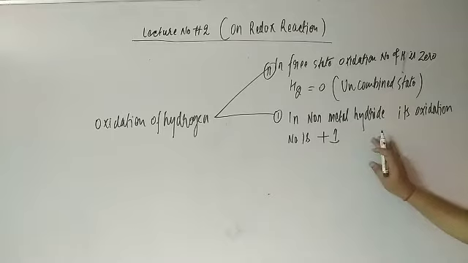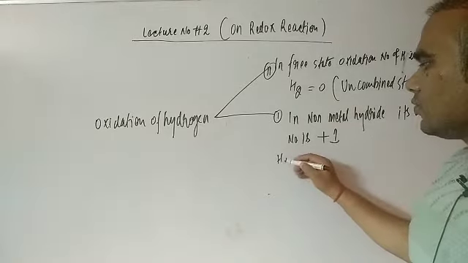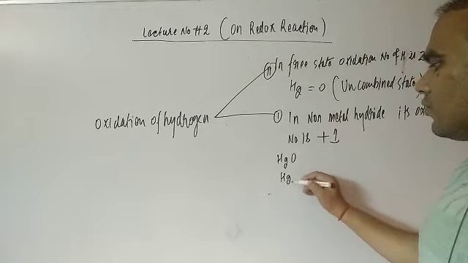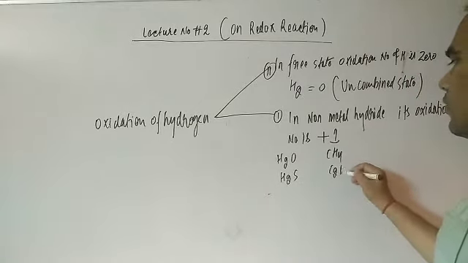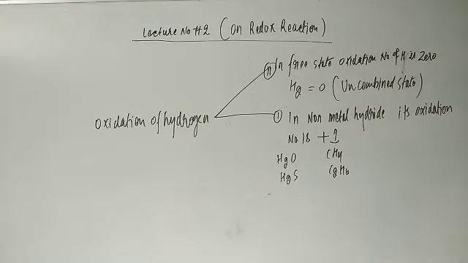In non-metal hydride, its oxidation number is +1. Like H2O is there, H2S is there, CH4 is there, C2H6 is there. If you are talking about NH3, PH3, HCl is there.